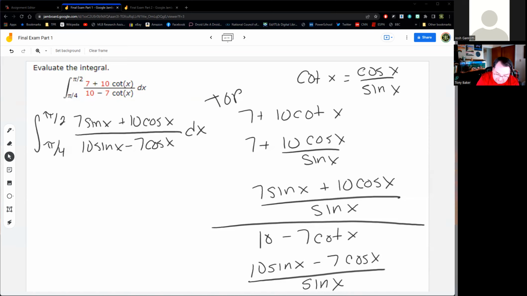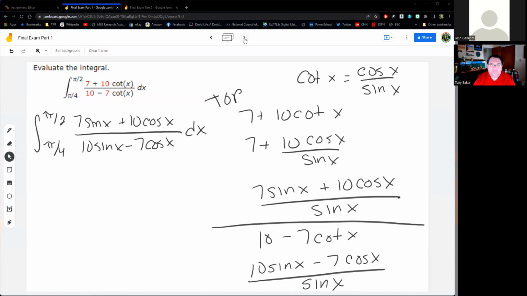So if I make u the bottom, what's the derivative of that? So this now becomes 10 cosine x, and that part becomes plus 7 sine x.